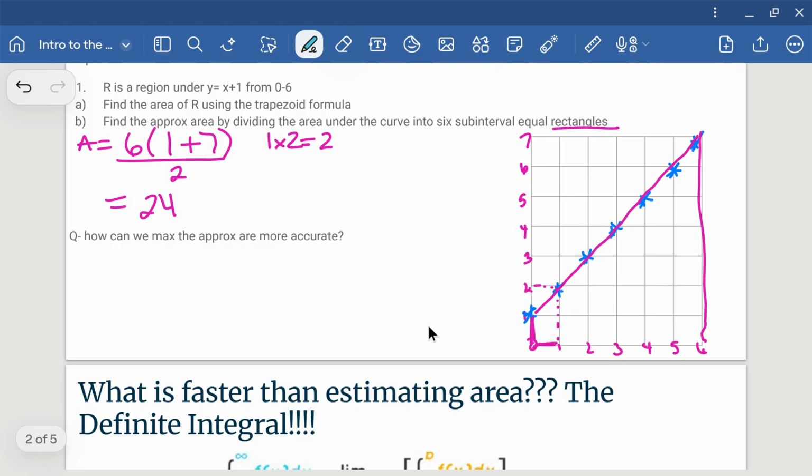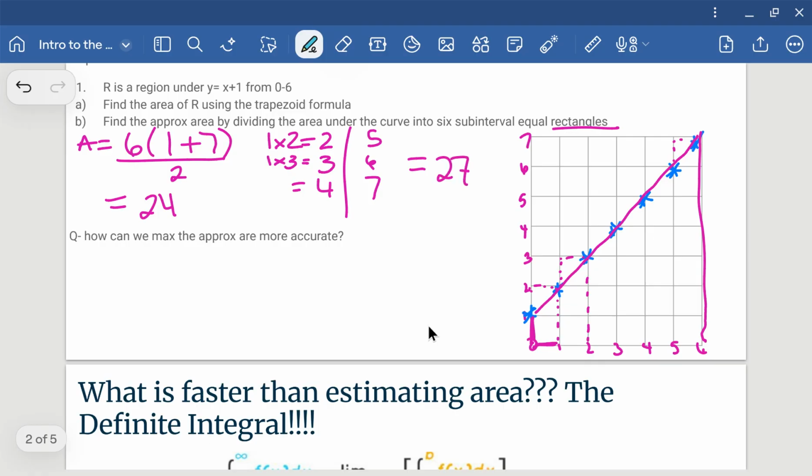The next rectangle is 1 times 3, which is 3, and I keep going until I get to the very end, which is 1 times 7. The next block is 4, and if I keep doing the math, I get 5, 6, and 7. When I add up all of my rectangles, I get a total of 27.